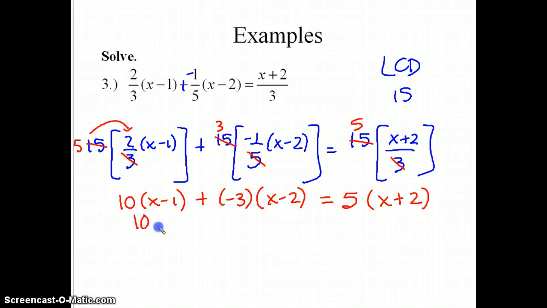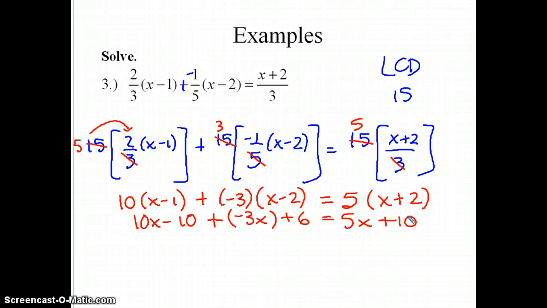So I end up with 10x minus 10 plus negative 3x plus 6, which is equal to 5x plus 10. Collecting like terms on the left-hand side, I have a 10x plus a negative 3x, leaving me with 7x.